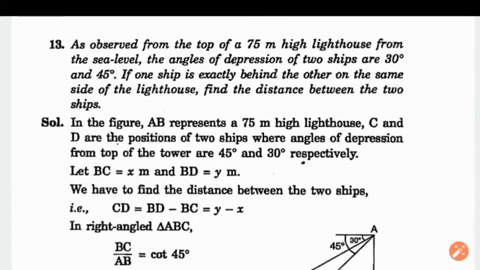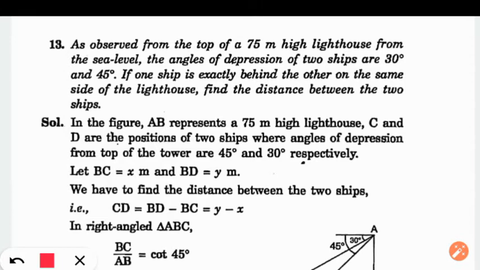Here we have question number 13. As observed from the top of a 75-meter high lighthouse from the sea level, the angles of depression of two ships are 30 degree and 45 degree.